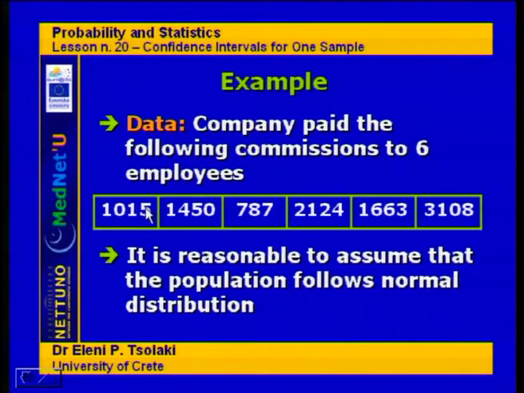The variance is unknown, the standard deviation is unknown. And as we said before, it would be reasonable to assume for this data that the population follows a normal distribution. Let's see how we calculate the confidence interval for the variance of this set of data.